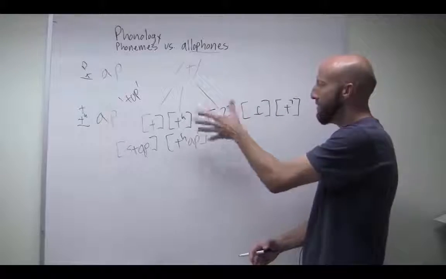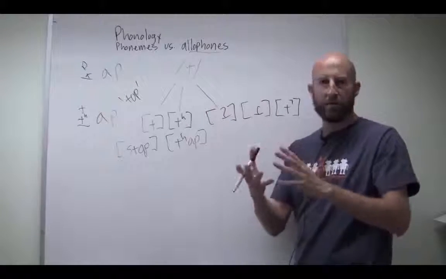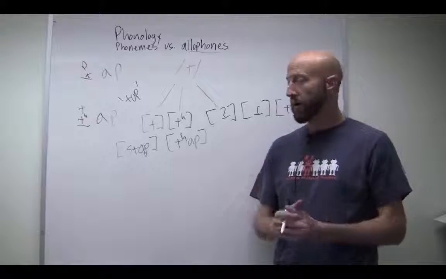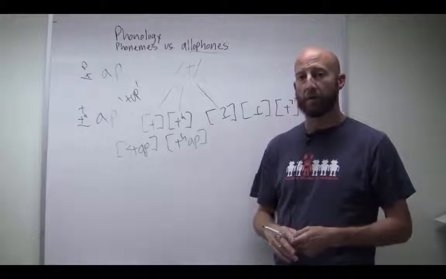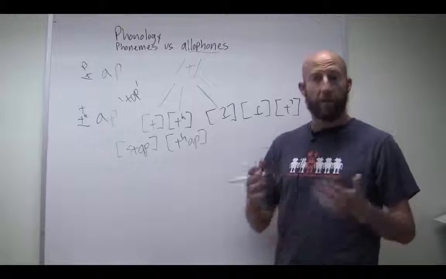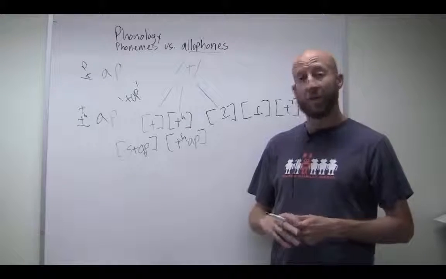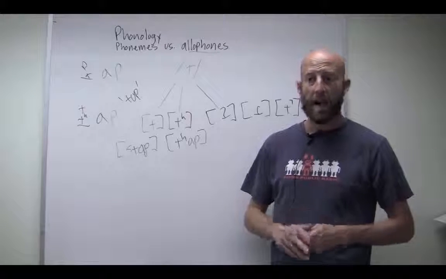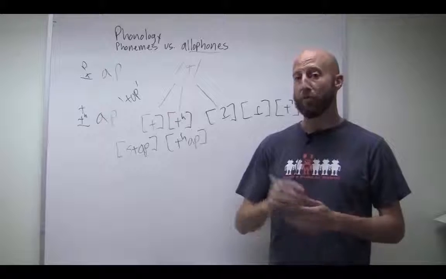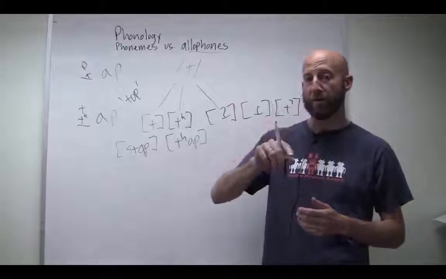So you could mix and match all of these sounds and put them in different words. It's not going to change the meaning of that word, just like we saw with top and top. So, in a very brief way, that's essentially the difference between phonemes and allophones. Phonemes are contrastive. They can change meaning when you switch one sound with another sound.